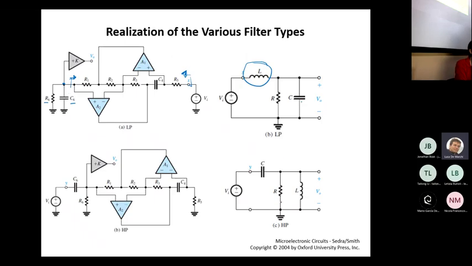Similarly, we can sketch the high-pass version from the substitution of the inductance L here with the Antonio circuit.